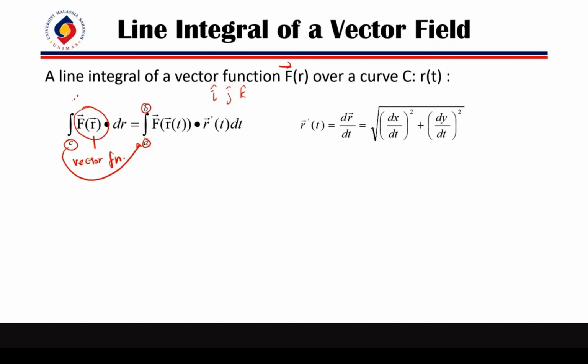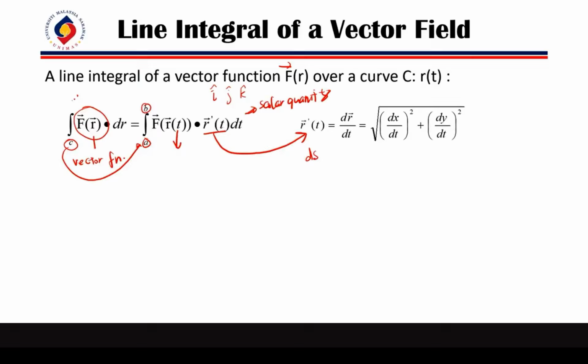We express the function in terms of t here. And then this is a dot product. As we know, everything that involves the dot product gives a scalar outcome. Here, r prime t is equal to this, or in the scalar function it is equal to ds.